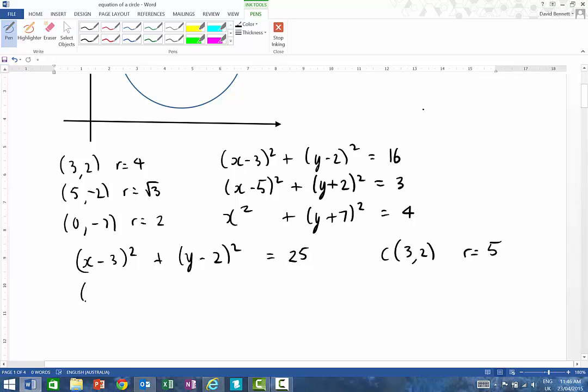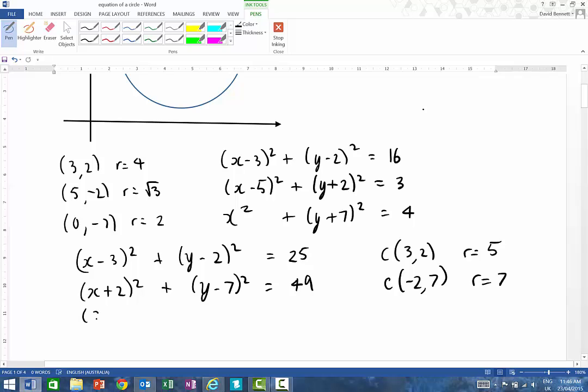Then we can do the next type, (x + 2)² + (y − 7)² = 49, and you might say the centre is equal to (−2, 7), and then the radius is equal to the square root of 49, which is 7.